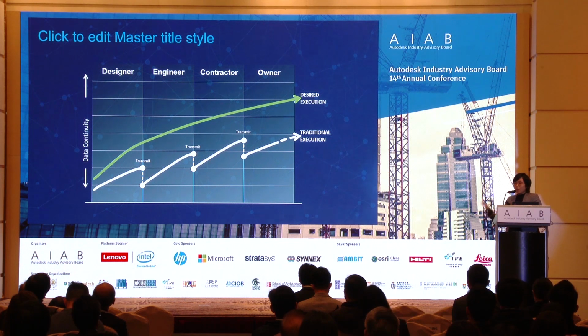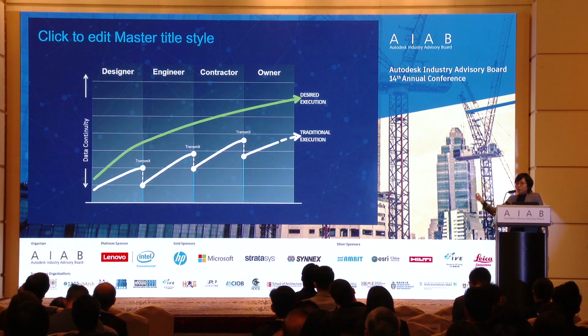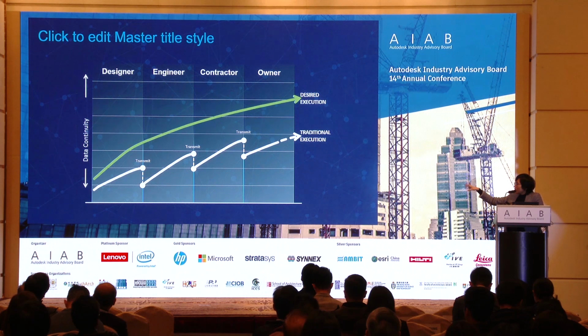And actually, before I introduce the tool, I'd like to show you this diagram. In this diagram, the white path, the bottom path, is the traditional way for a BIM project, and the header is different roles such as designer, engineer, contractor, and owner. When the designer hands over the project to the engineer, the engineer needs to study the model to make sure everything is all right in the designer folder, and then they can make use of that architectural model and build their own models.